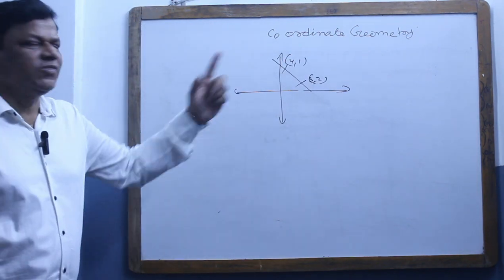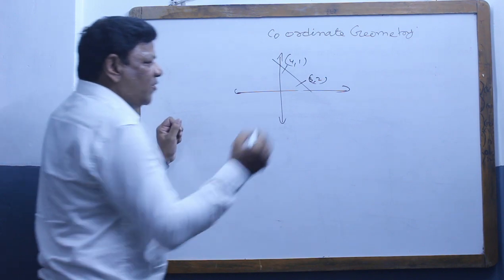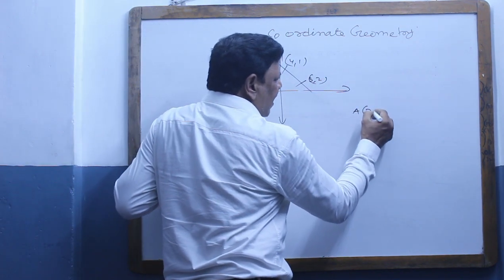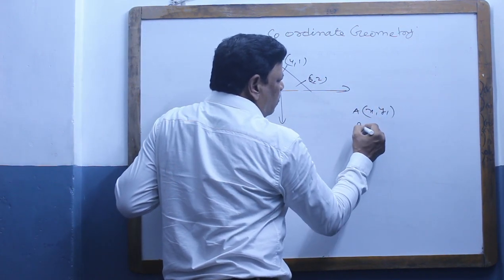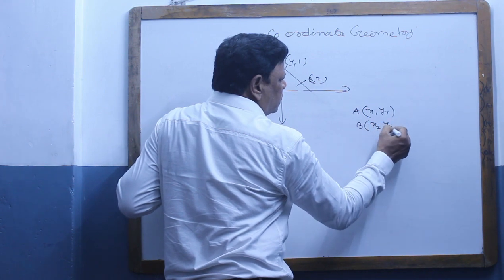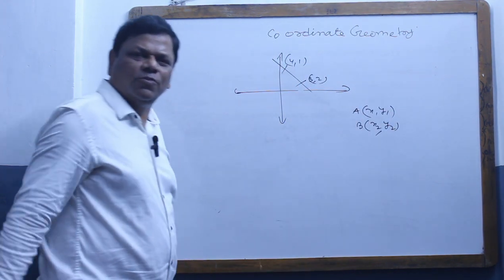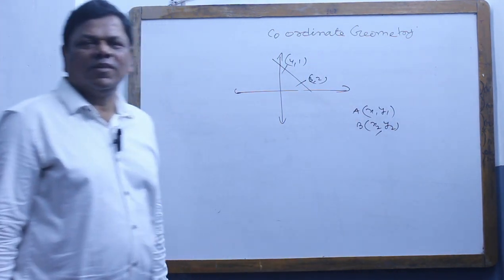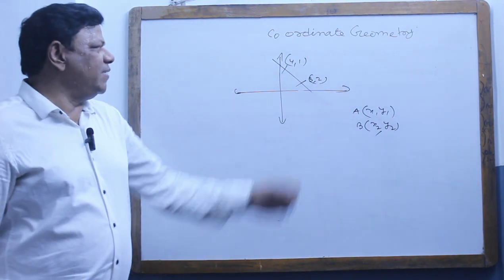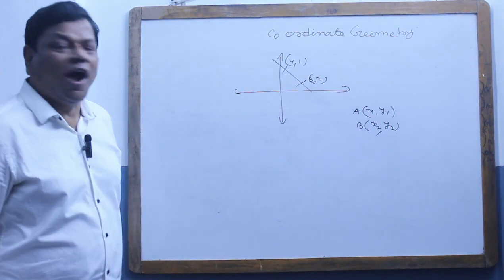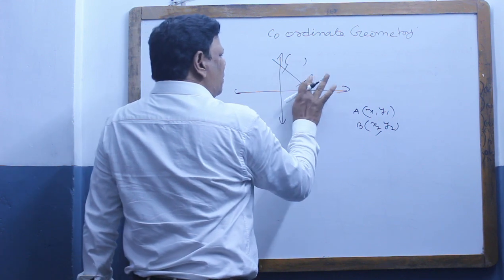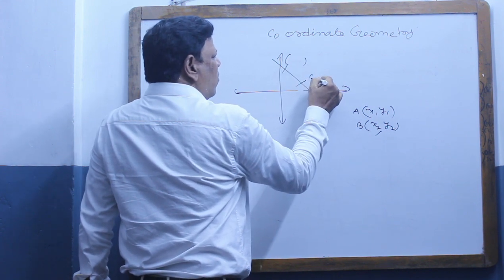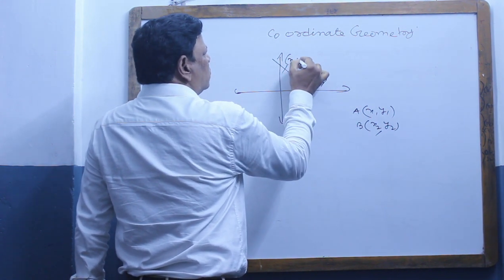Okay, two points are given. First try to understand the formula. Let A be given as (x1, y1) and B as (x2, y2). Two points are given, A and B. Better write x1, y1 here and x2, y2 here.